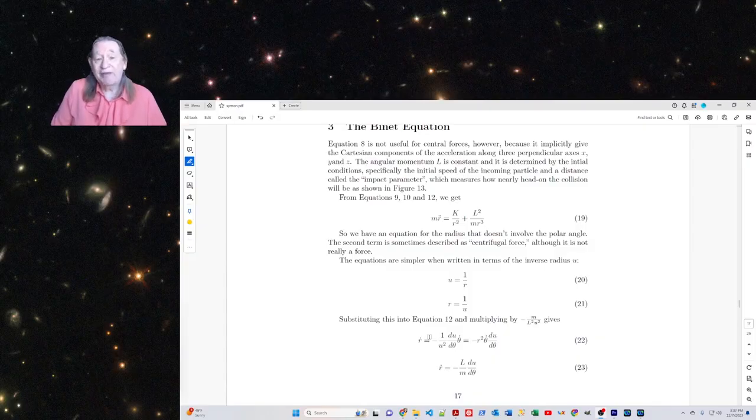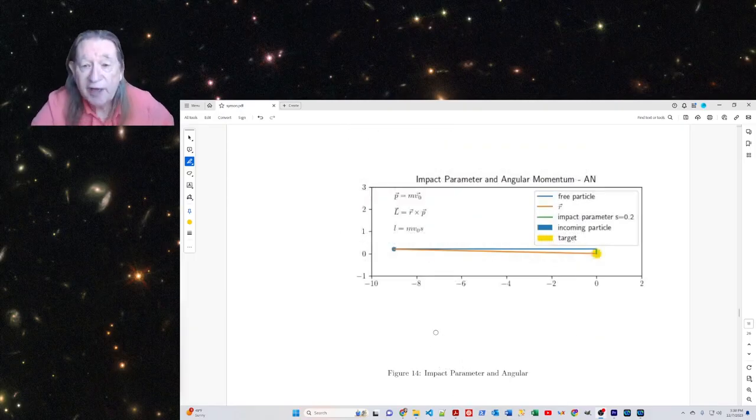Now, to make the math tractable, we have to do a transformation. We have to go from the radius to the inverse of the radius, which I've given in equations 20 and 21. Substituting them and multiplying by minus m over L squared times u squared gives you equations 22 and 23. Here's another figure indicating the initial angular momentum when the particle is far out.